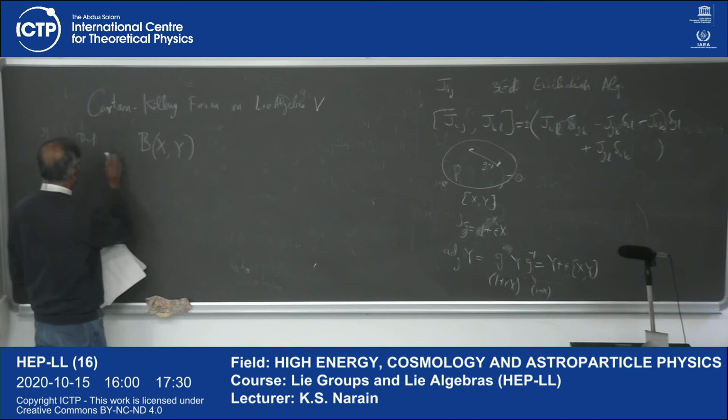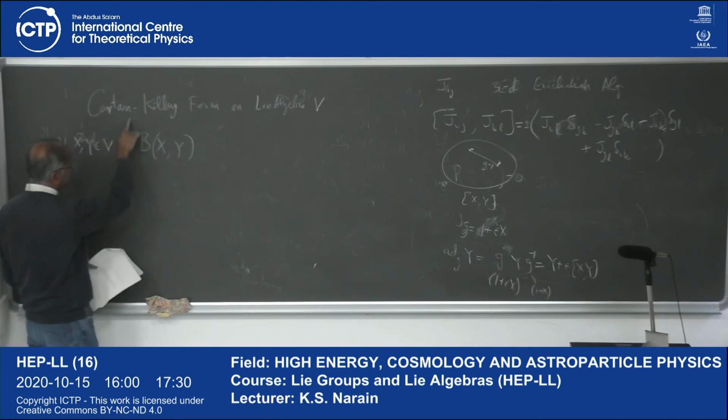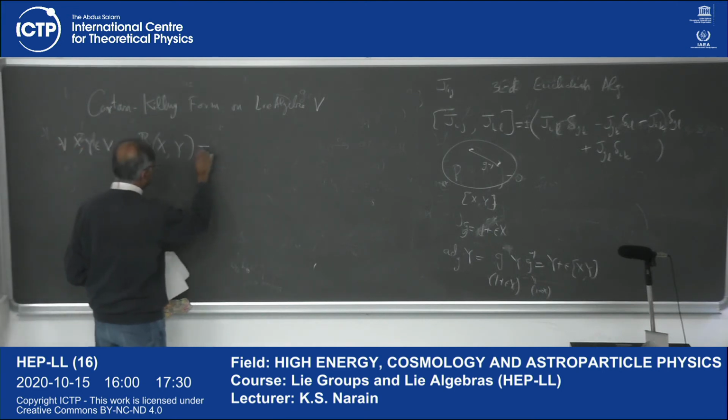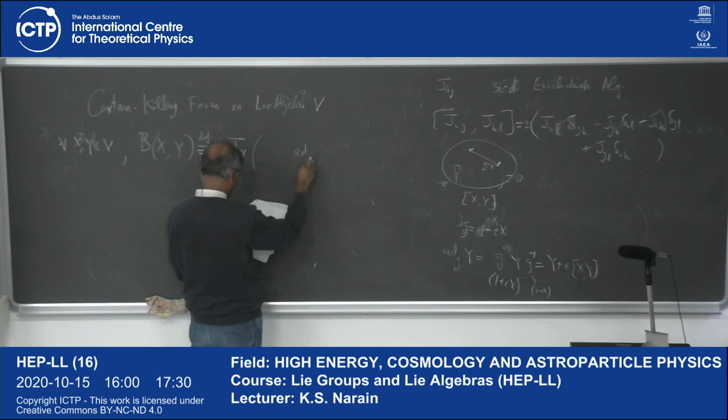So for all X and Y belonging to V, B(X,Y), the Cartan-Killing form, is defined as the trace of ad Y ad X.